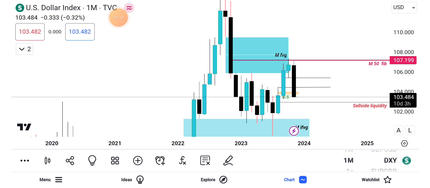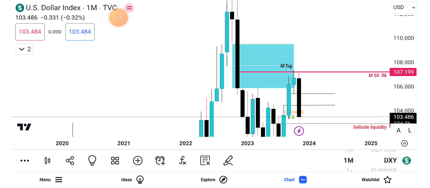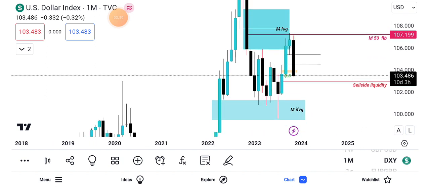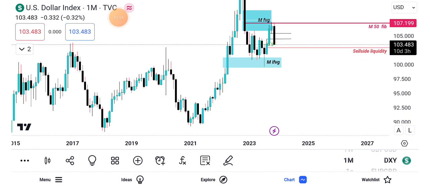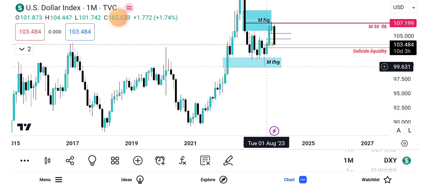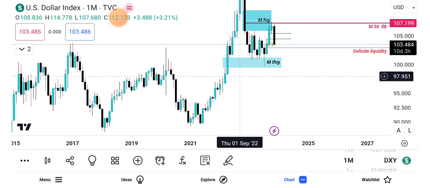We can see how price reacted off that zone in this monthly fair value gap, and using my Fibonacci, because generally we want to see price keep pushing lower, to these lows here to clear these lows, and to this fair value gap here.